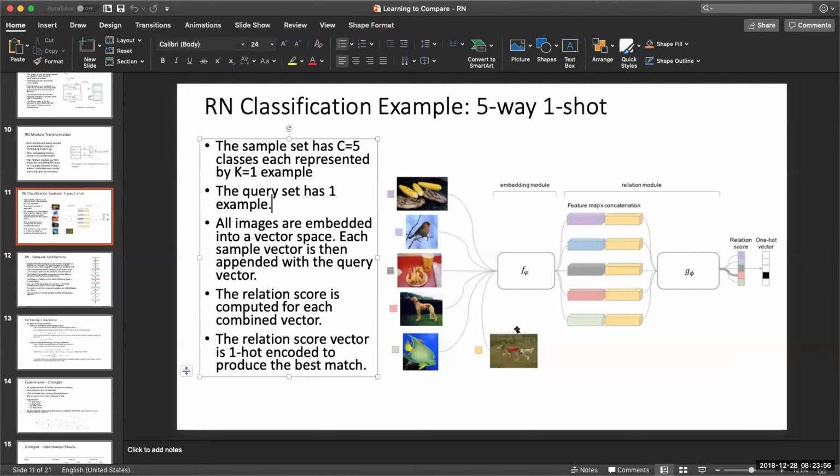The query set is shown at the bottom in yellow. The indicator is yellow. So all of the query and samples are transformed.